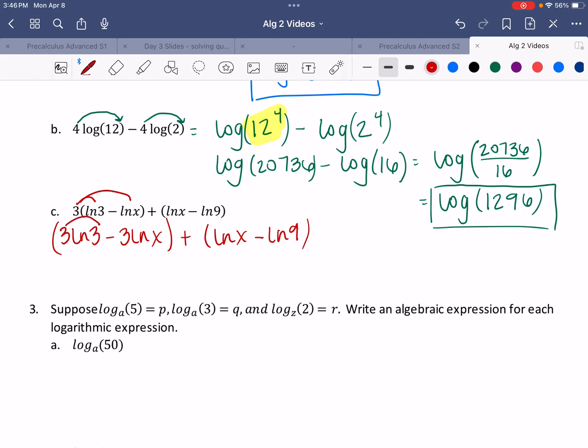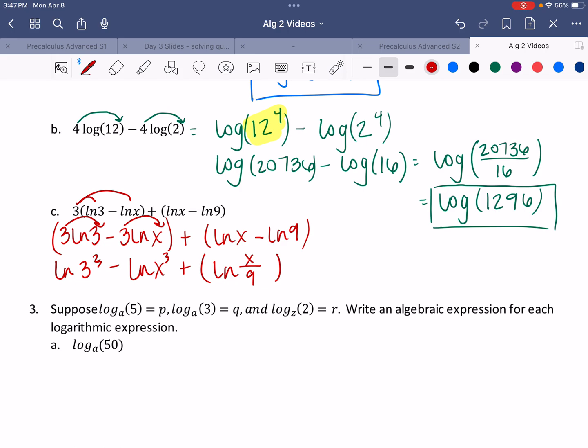So if I look here in the first half, I'm going to make these 3's into exponents. So you could have done this in one step. So I have the natural log of 3 cubed minus the natural log of x cubed plus, and then I can see these parentheses here are important. They want me to show that as these combine, this natural log is x being divided by 9.